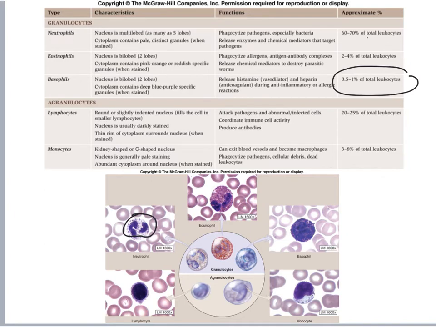A way to remember this order is a simple little mnemonic: never let monkeys eat bananas, or NLMEB. That's the order of most abundant to least abundant white blood cells.